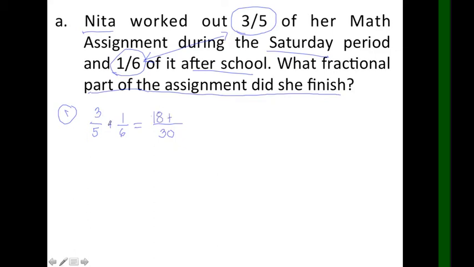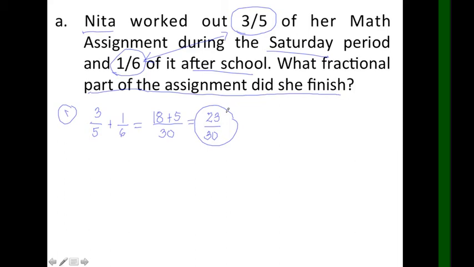Plus, so we will just copy the addition sign. 30 divided by 6 is 5 times 1 is 5. And 18 plus 5 is 23. If I'm not mistaken, that's 23/30.